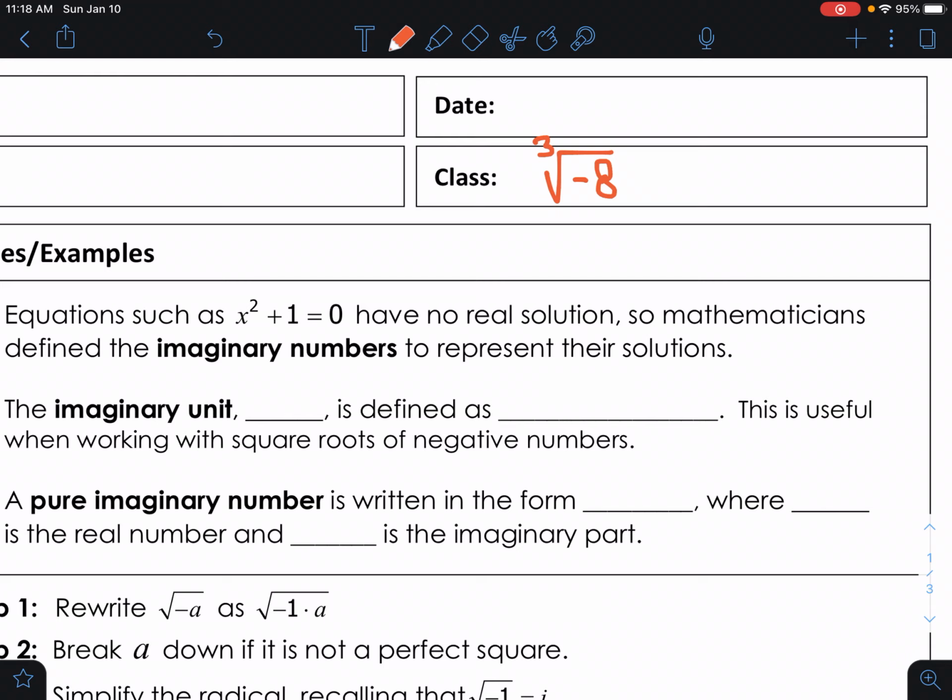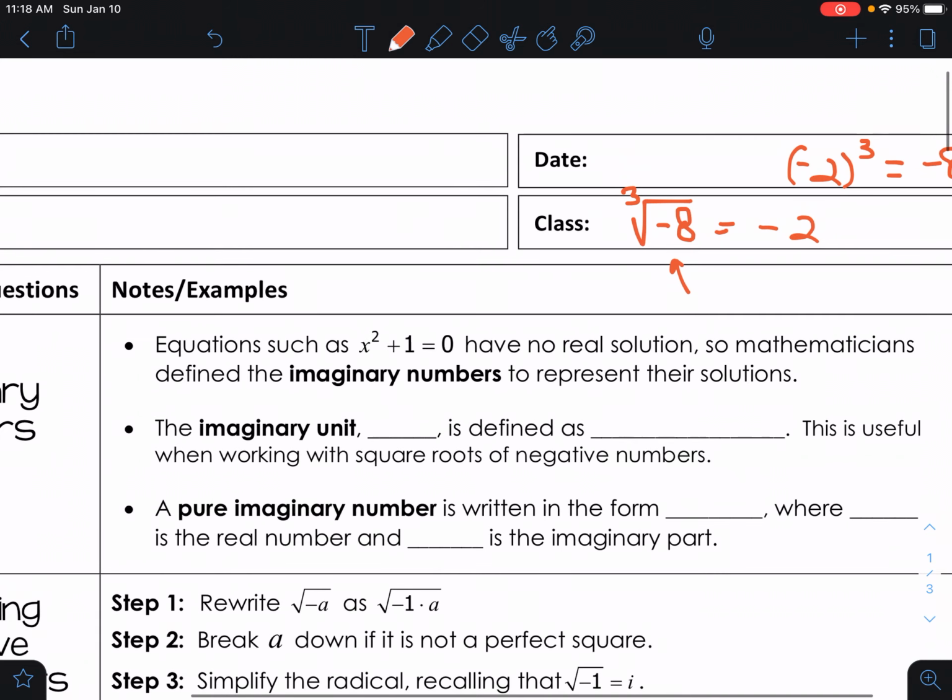In other words, -2 to the third power is -2 times -2 times -2, which gives me -8. So the answer to this is -2. There is a real number answer that gives me the cube root of -8.